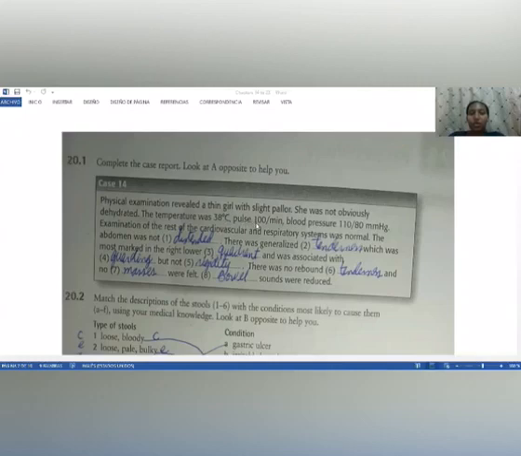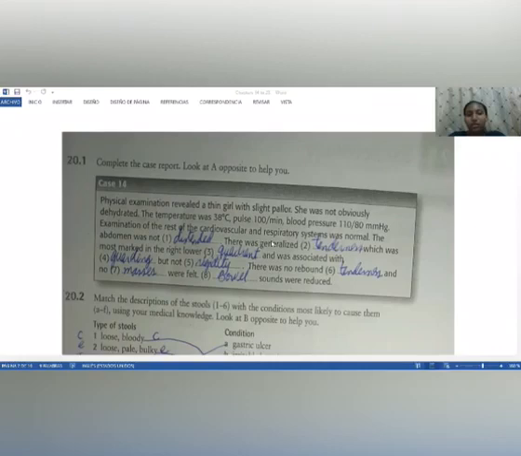Pulse 100 per minute. Blood pressure 110/80 mmHg. Examination of the rest of the cardiovascular and respiratory systems was normal. The abdomen was not distended.